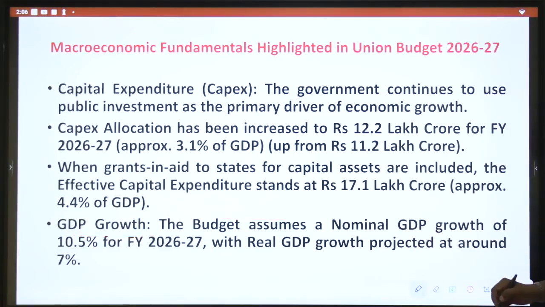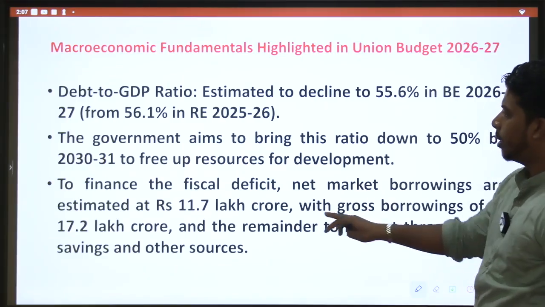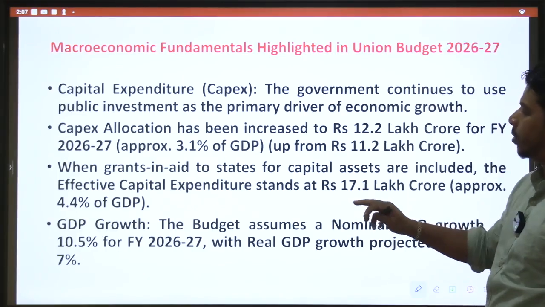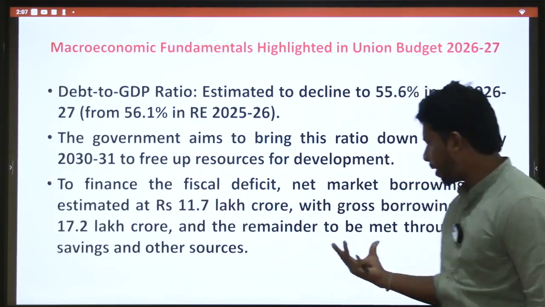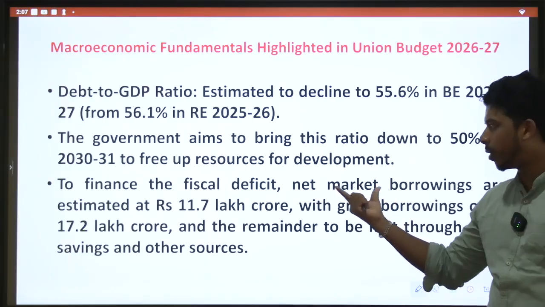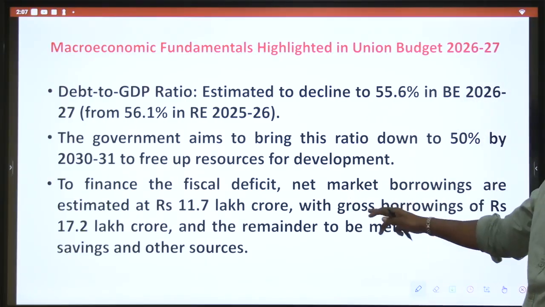My gross borrowings are 17.2 lakh crore and my net borrowings are 11.7. Again, you don't need to remember these figures, but that explanation I gave you, what is gross market borrowing and what is net market borrowing, you should know for the exam.